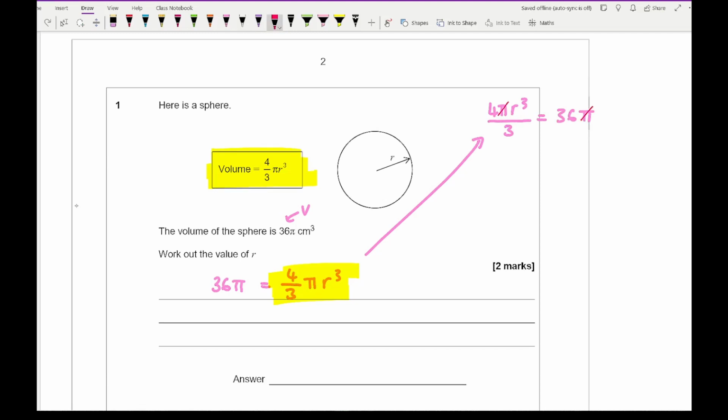And I can take the 3 over to the side, so I end up with 4r cubed equals 3 times 36, which gives me 108. Then if I divide by 4, I'm going to get an answer of 27, and 27 is a cube number, so r is going to equal 3.